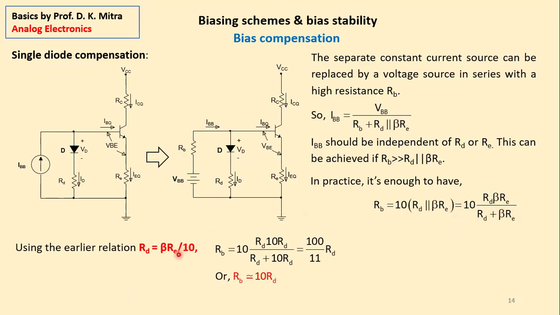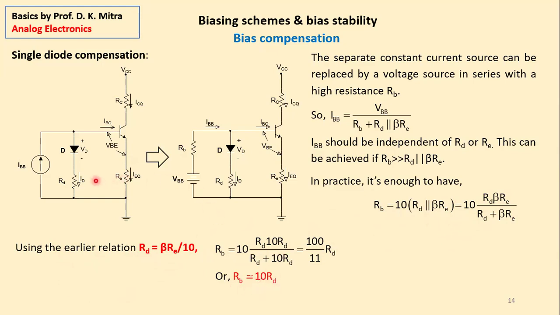Using the earlier relation, RD is equal to beta RE by 10, that we decided on the earlier page, we find now RB is equal to 10 multiplied by RD multiplied by beta RE over 10 RD. So finally we will end up with RB approximately 10 RD.